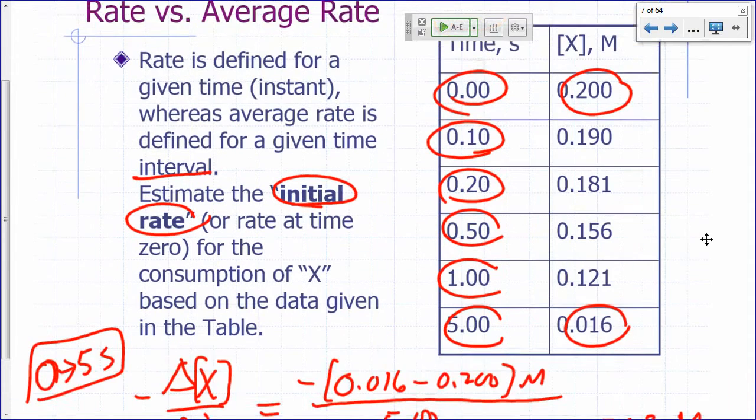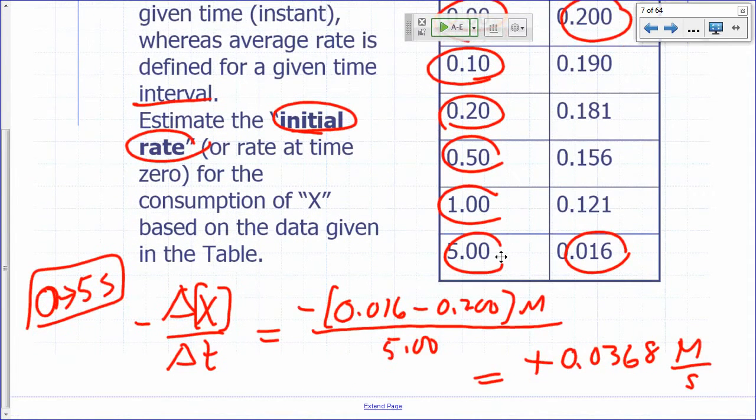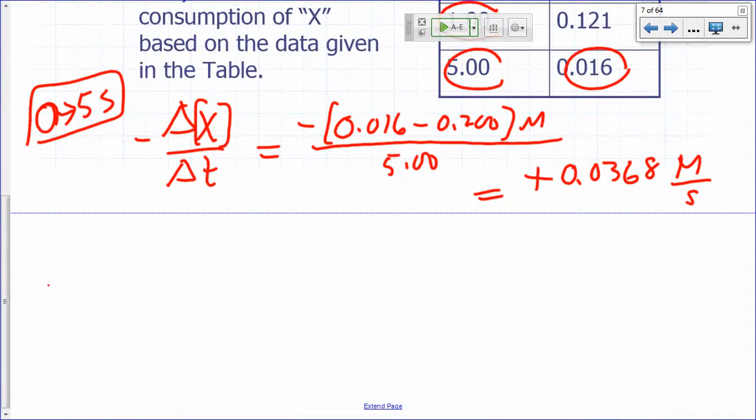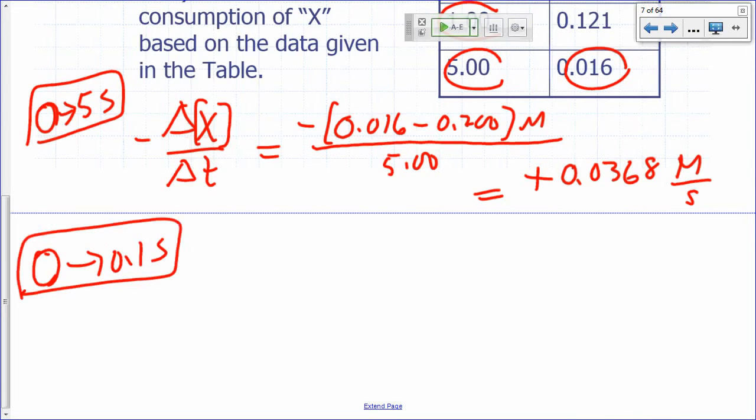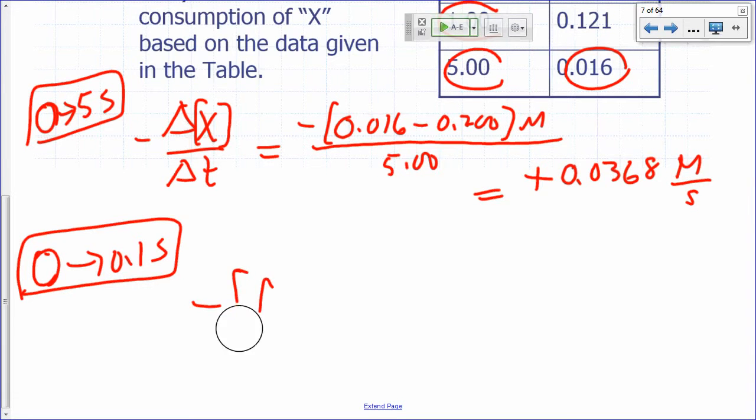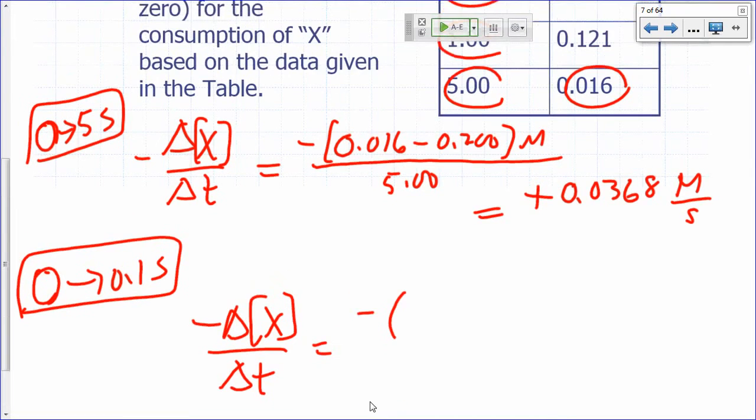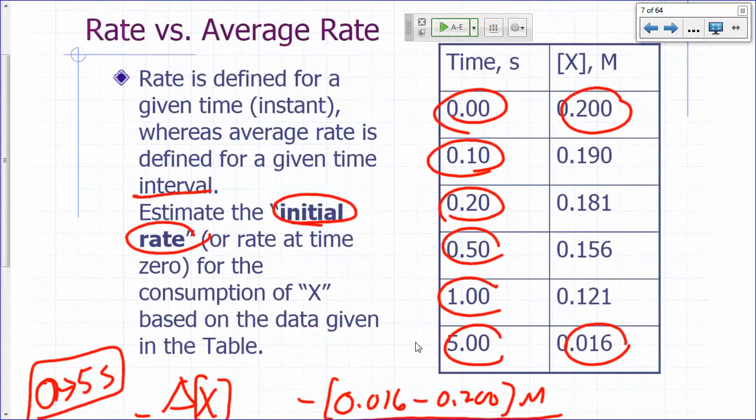What's the average rate from 0 to 0.1 seconds? You think it's going to be faster? The average rate, minus delta concentration of X over delta T. Okay, from 0 to 0.1 seconds, it's going to be minus 0.9 minus 0.2, right?